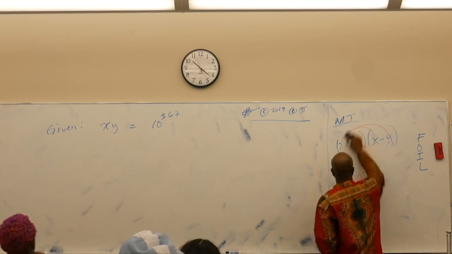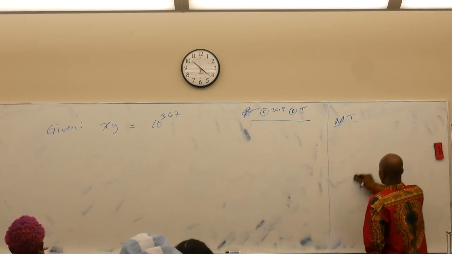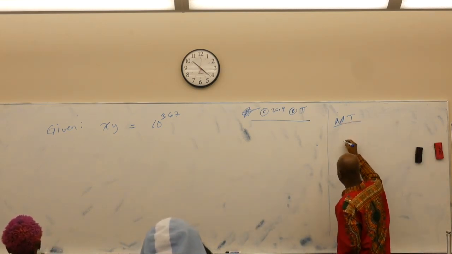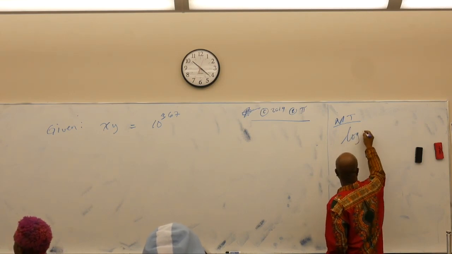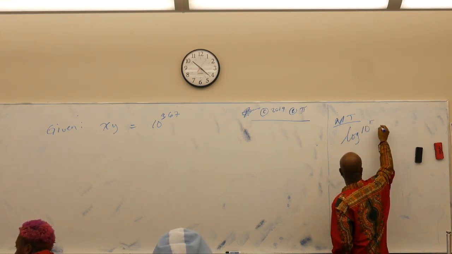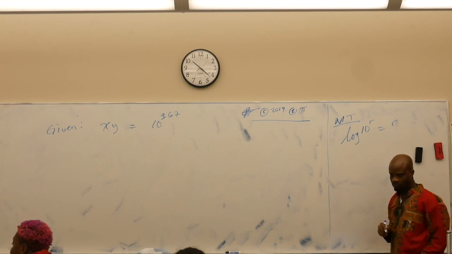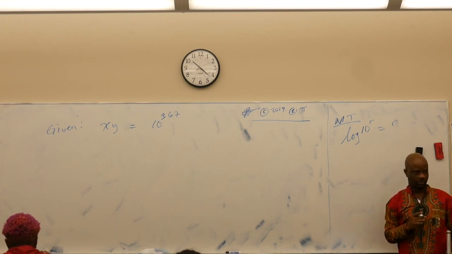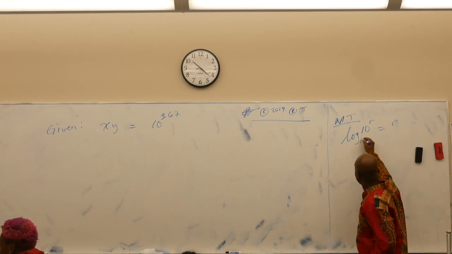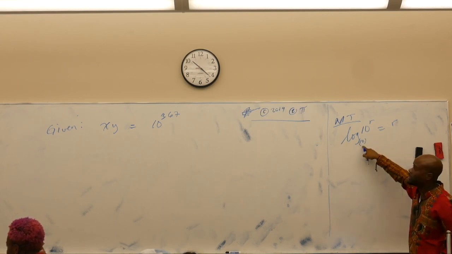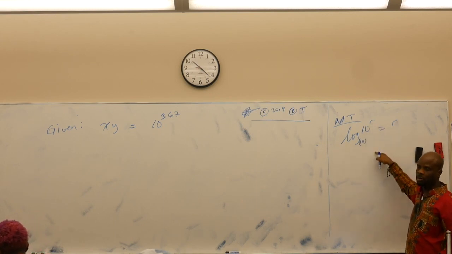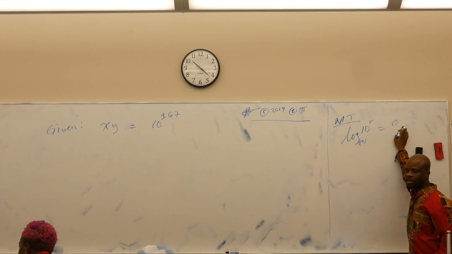Here's the thing I want you to remember. The log base 10 of anything raised to this number is just that thing. We ask, what power of 10 gives me 10 to the R? That's just R. We learned it.